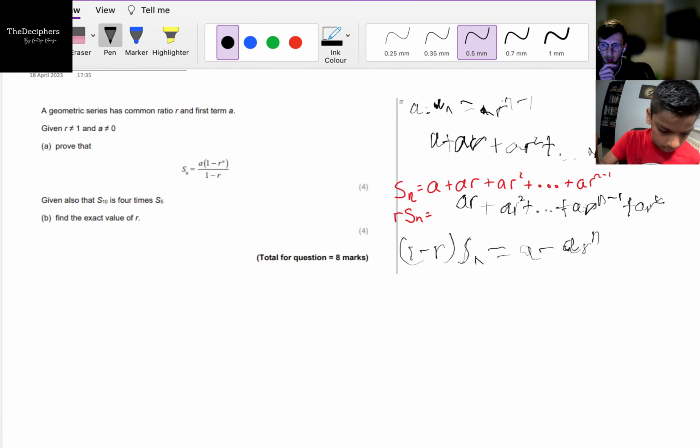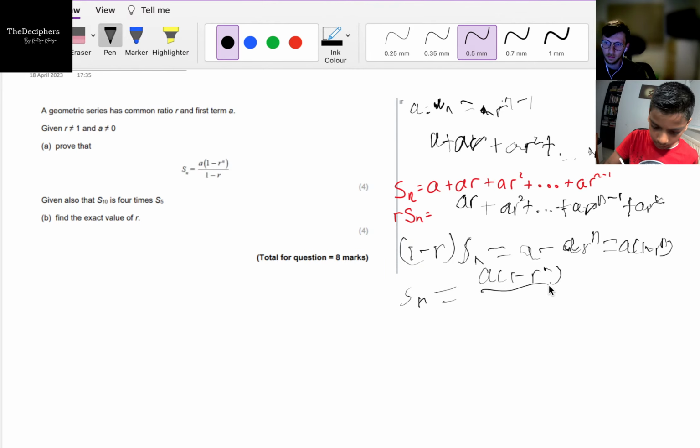Brilliant. And that is a times 1 minus r to the power of n. Then we just divide by 1 minus r to get a times 1 minus r to the power of n, divided by 1 minus r.